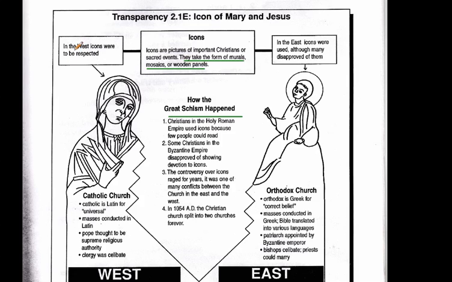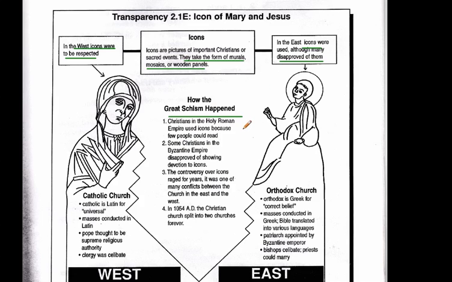Now, in the West, icons were to be respected. In the East, icons were used, but many disapproved of them. It comes down to the idea of idolatry and worshiping idols. The West didn't seem to have an issue with that, and the East did. So, how did the Great Schism, and sometimes you'll hear it pronounced schism, happen?